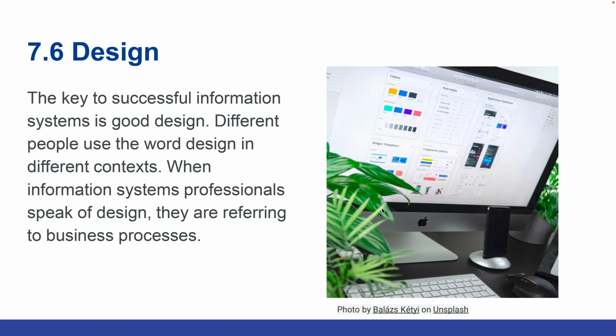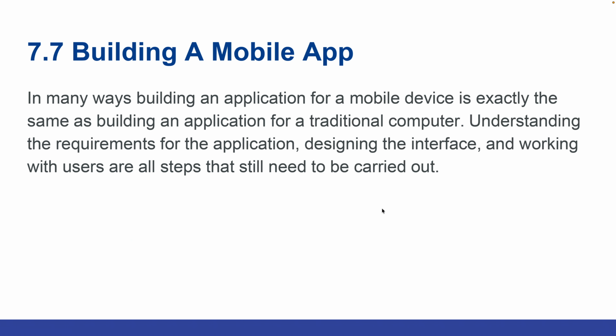And it could mean different things to different people. In many ways, building an application for mobile device is exactly the same as building an application for a traditional computer. Understanding the requirements for the application, designing the interface, and working with users are all steps that need to be carried out.